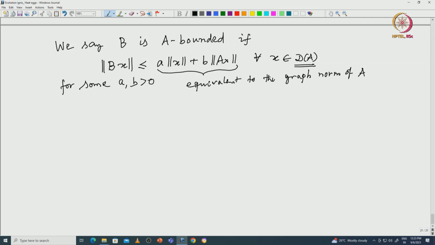So, essentially we are asking for B to be a continuous mapping from dA to H. Okay, that is what we are expecting here.